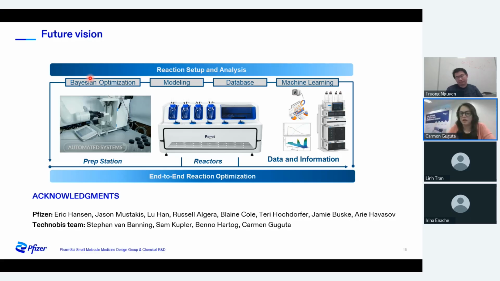But I don't want to say that we have a magic ball and everything goes smoothly. We are all scientists, chemists working in the lab, and the reality is that sometimes we also have challenges, right?